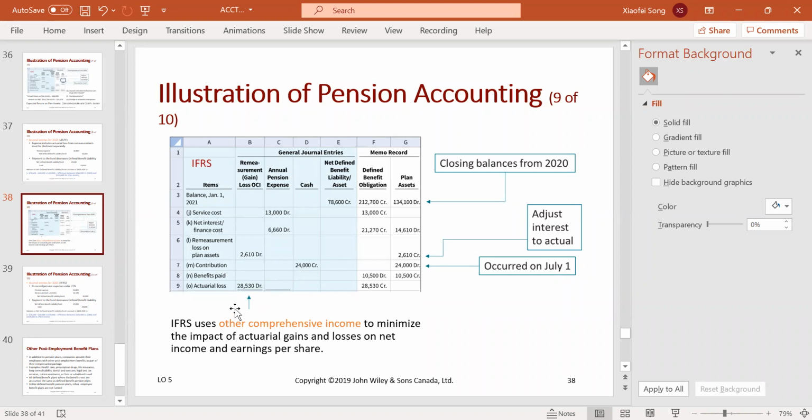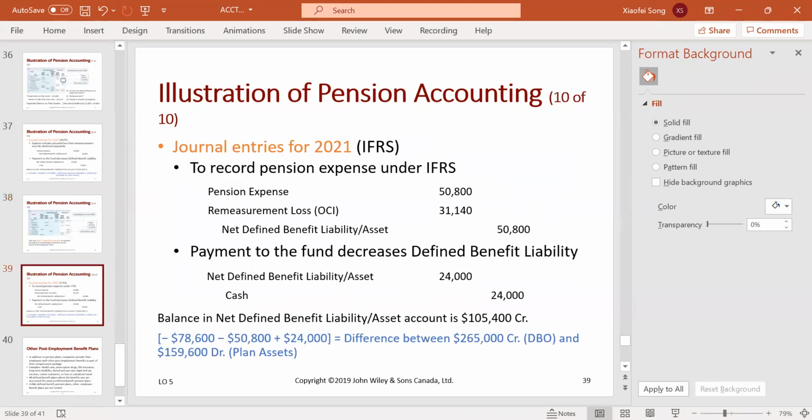So that's all the difference. There's no difference in net defined benefit liability, no difference in plan assets or DBO. Only two of the components will not be included in pension expense. That will affect our journal entry, the first one, even though the total increase in the net defined benefit liability is the same.